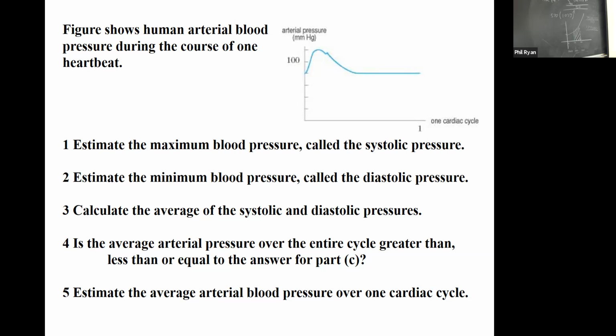So when you go to the doctor and they put the clamp around your arm, they tell you 120/80 or something like that. That's giving you the systolic pressure, which is the peak, and the diastolic pressure, which is this minimum, which is like what happens when your heart is at rest.